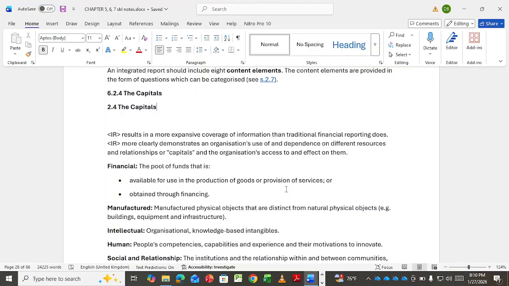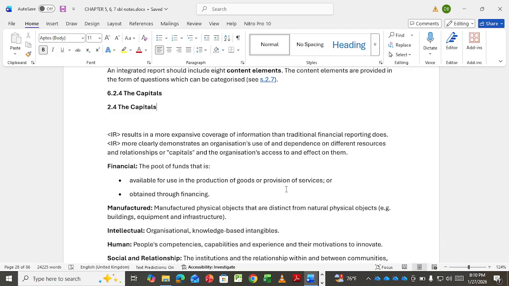So we have the financial capital, which talks about how the financing of the company has been obtained, if it's either through debt or through equity, or are there any grants, are there any donations, which money are they using to do the financing of the production of goods and services.